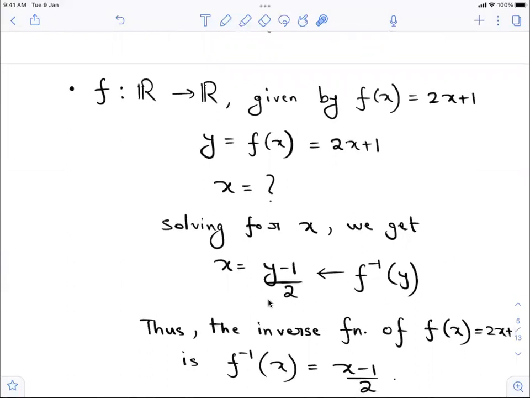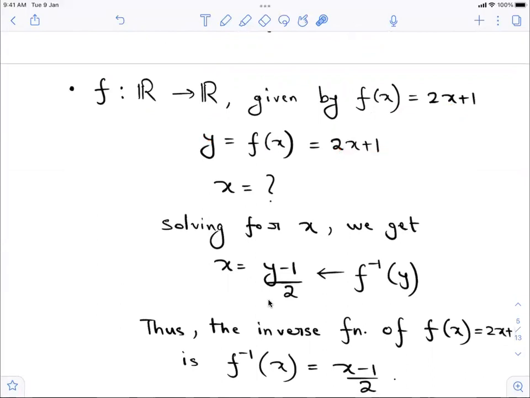So generally, if you're given a bijective function, how do you find its inverse? Once again, you have something that you have seen before in high school. So this function f from R to R given by 2x plus 1, we saw that it's a bijective function. So how can we give its inverse? We already have this equation y equals 2x plus 1.